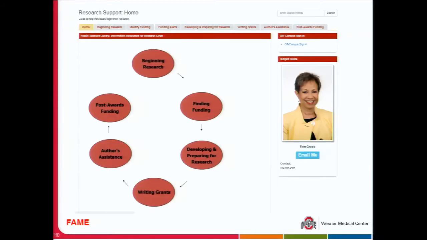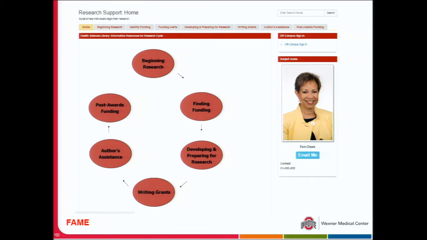I want to call out this reference, which is on the Health Sciences Library web page that has been put together by Fern Cheek, who is a research librarian. And if you search under the library's search page under research support, this page will come up.